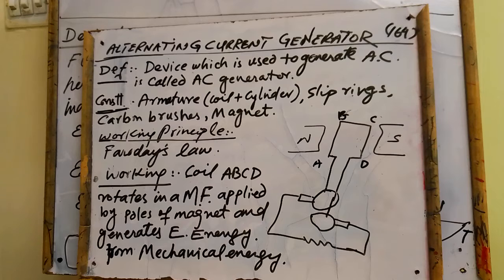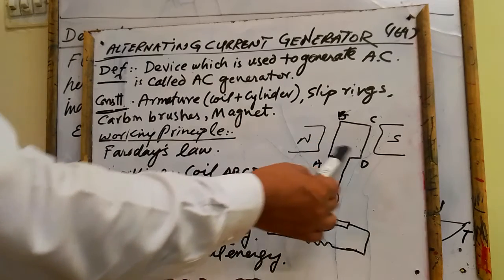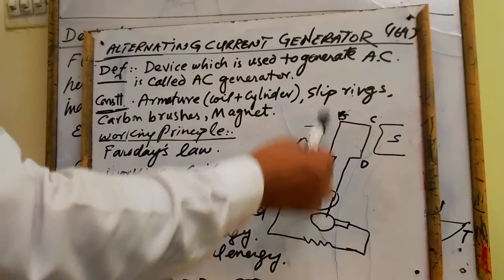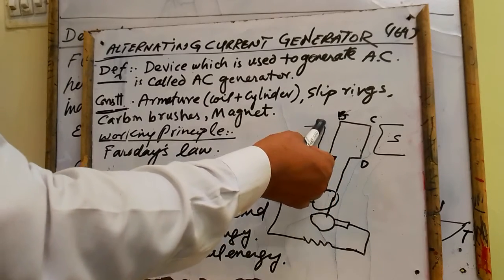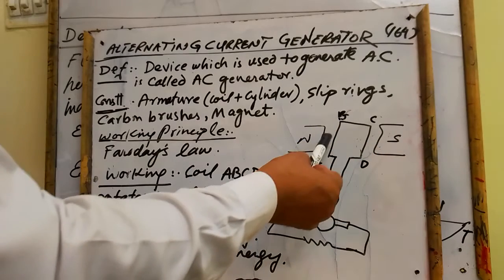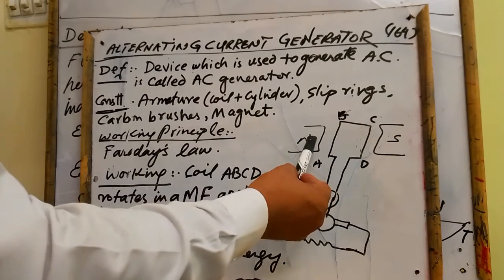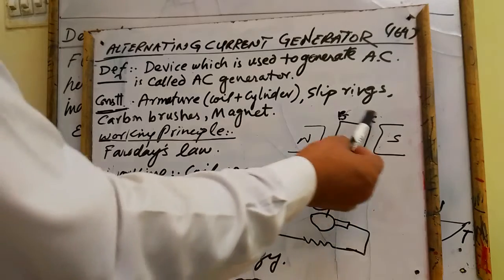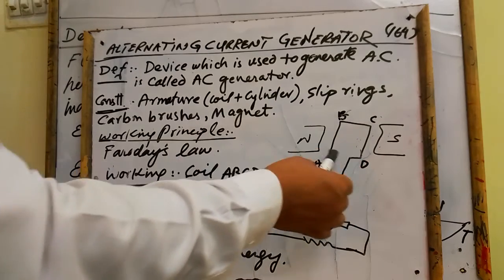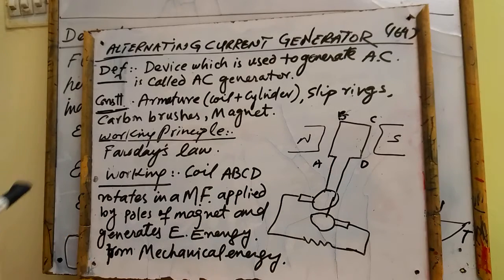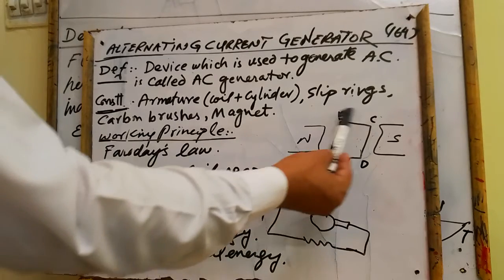What is electromagnetic induction? We have already discussed that when a coil, a conducting loop, is rotating in a magnetic field produced by the north and south pole of the magnet, that is, when this coil ABCD rotates in a magnetic field, magnetic flux changes across the coil, and electromagnetic induction takes place.